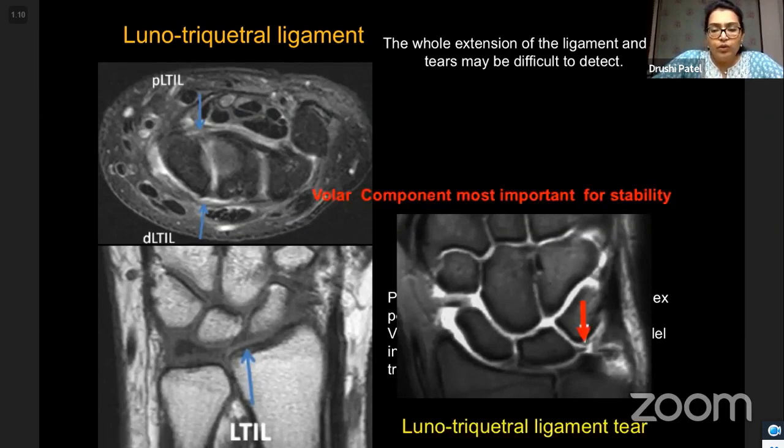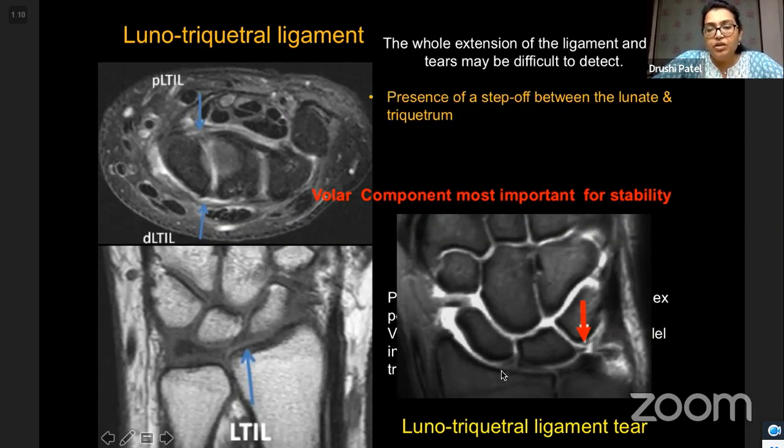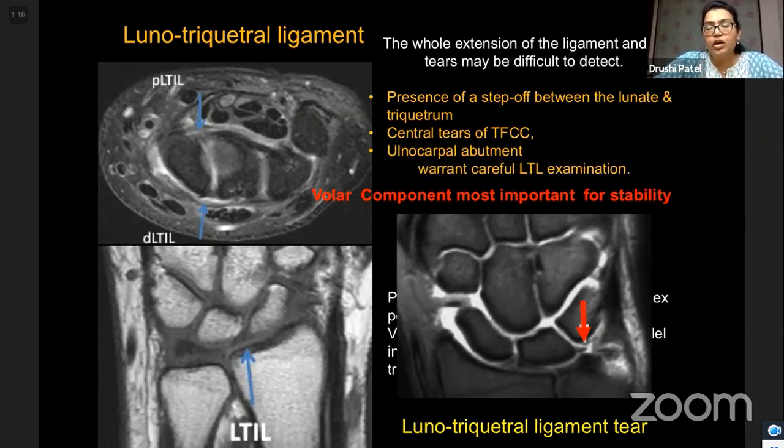Here, unlike the scapholunate ligament, where the dorsal component is most important, in the lunotriquetral ligament it is the volar component which is most important. Now, when there is a step off between the lunate and the triquetrum bone, or there are associated TFCC injuries, or there are changes of ulnocarpal abutment, that we'll see later, then you should specifically look at the lunotriquetral ligament and the status of it, whether it is torn or not.